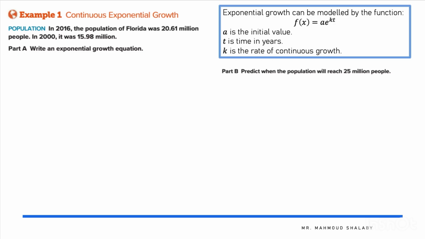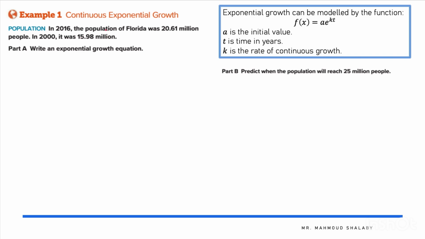When solving this type of question, it's better to write everything on the top of it. What does it mean? For example, the population of Florida was 20.61 million in year 2016, and in 2000 it was 15.98 million.